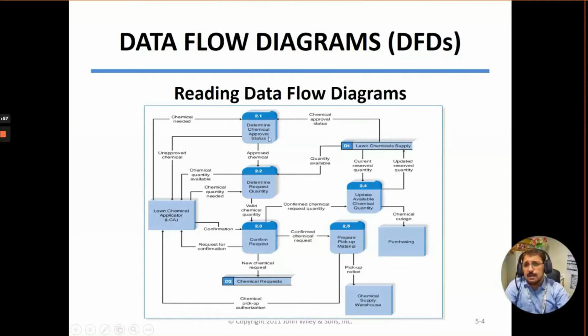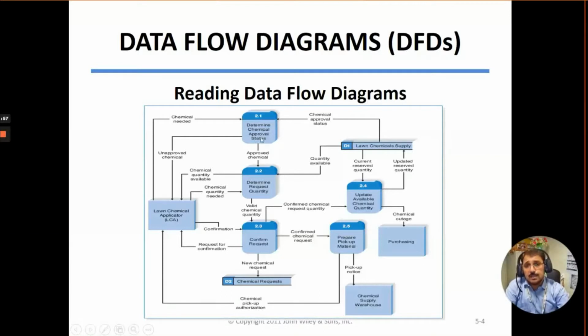Then determine chemical approval status, meaning the person who is looking for the chemical, is he authorized, and second, the chemical is also authorized, it is allowed to sell and it is available. So this is a process. Don't worry about the diagramming, the naming, the coloring, we will go into much detail.